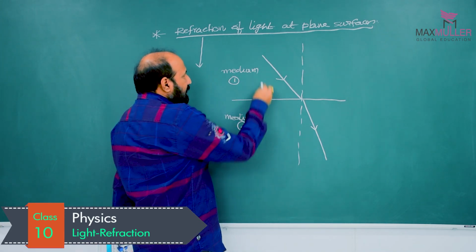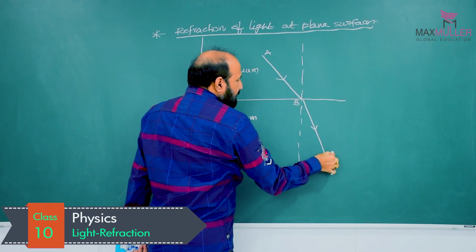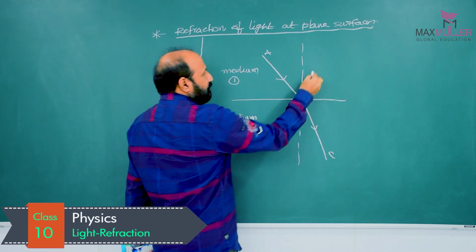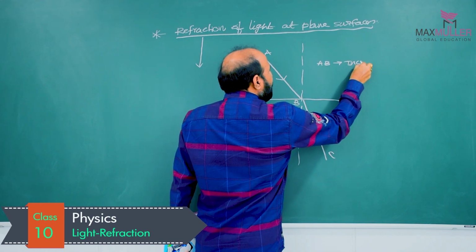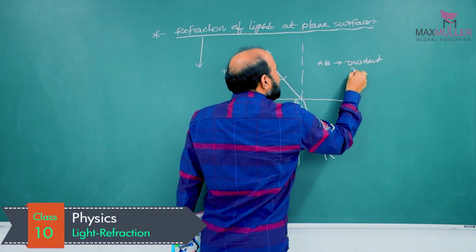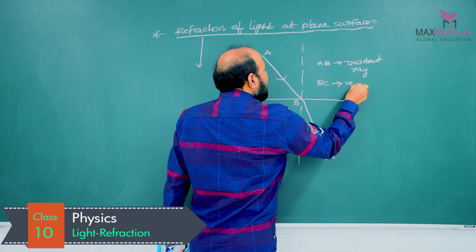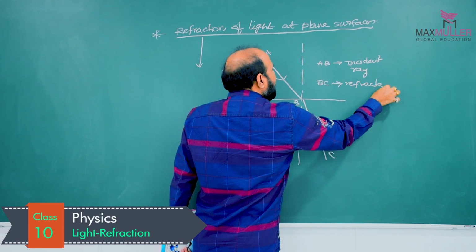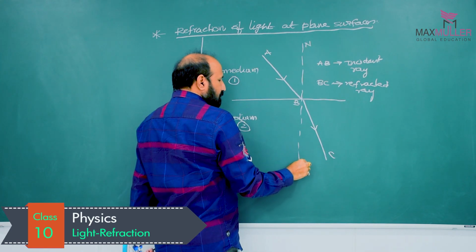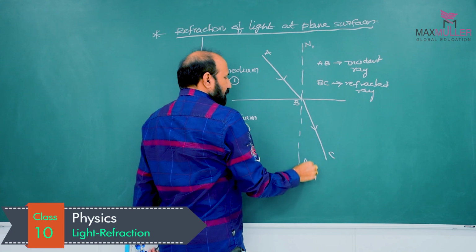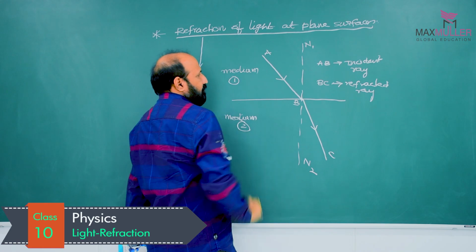Now, this is called incident ray, and this is a refracted ray. AB is incident ray. BC is refracted ray, and this is normal N1 N2 drawn at the point of incidence.